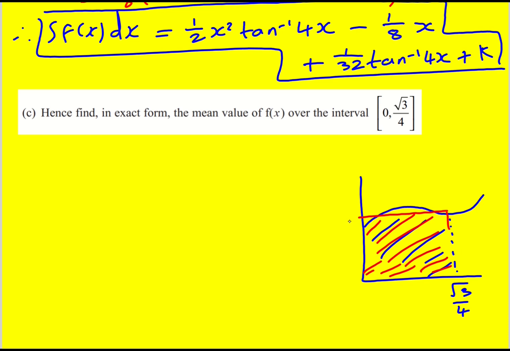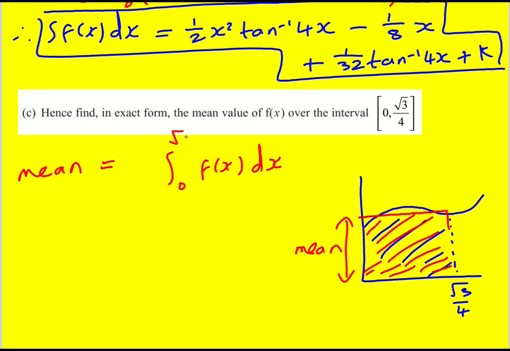It's got the same base, and that height is the mean value. So to work it out, we're going to find the area. We're going to integrate this f of x between 0 and root 3 over 4. But then we're going to divide by root 3 over 4 because that is the base, which is the same as times by 4 over root 3.